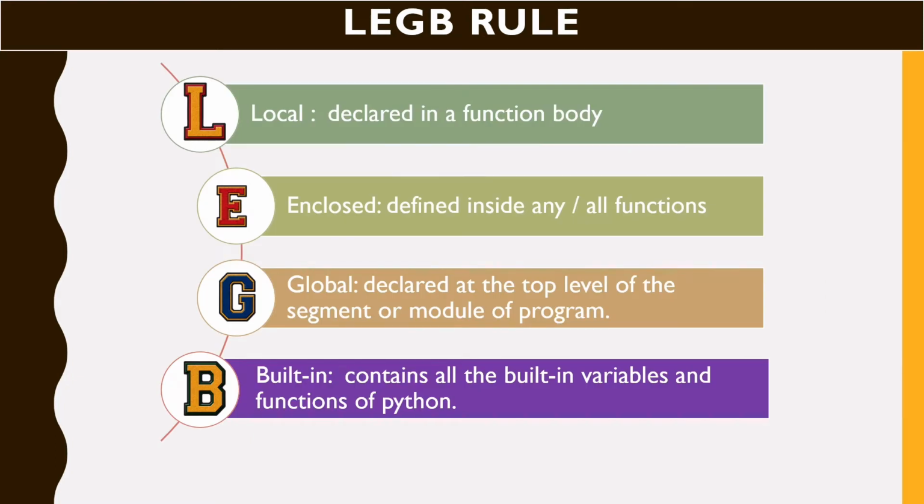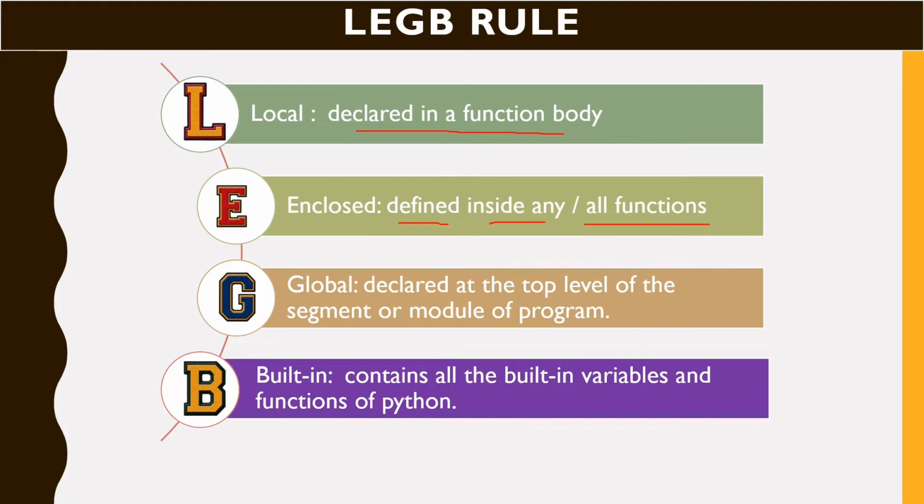We already read local and global variables, or you can say scope, in the previous video. I hope you have understood that very well. So let's see once again. Local means where variables are declared in a function body. E means the enclosing environment, where variables are defined inside an outer function.